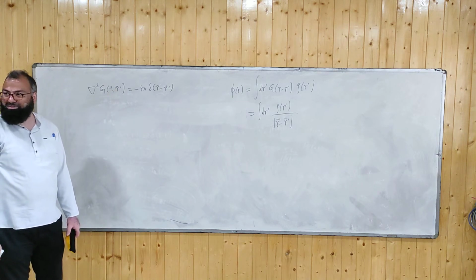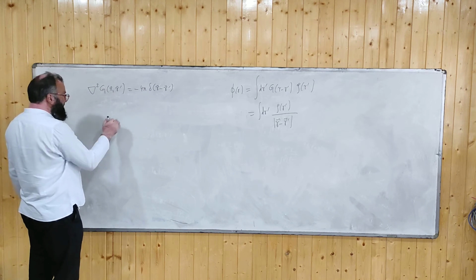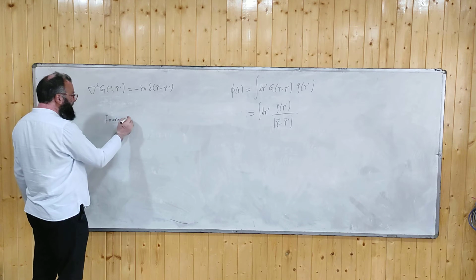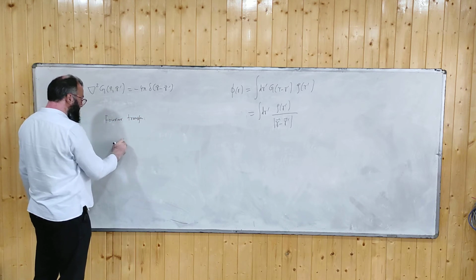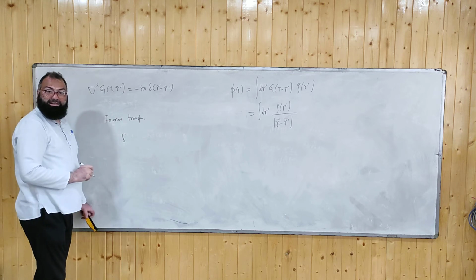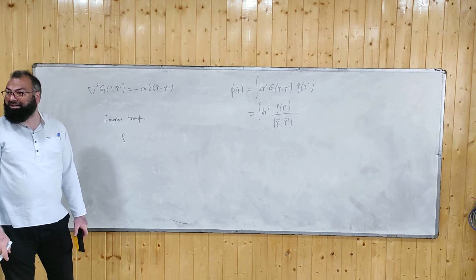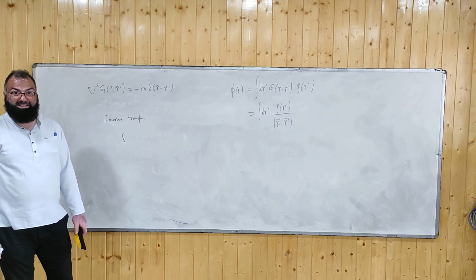So we'll be solving it using the Fourier transform. Now what is the Fourier transform of the delta function? How do we write the delta function in terms of Fourier transforms?